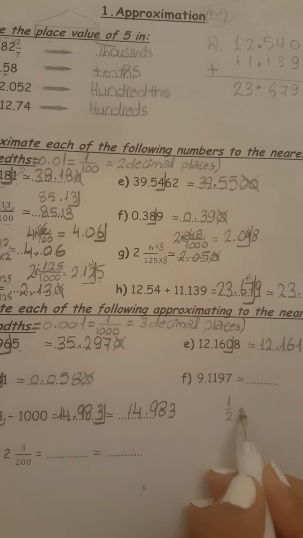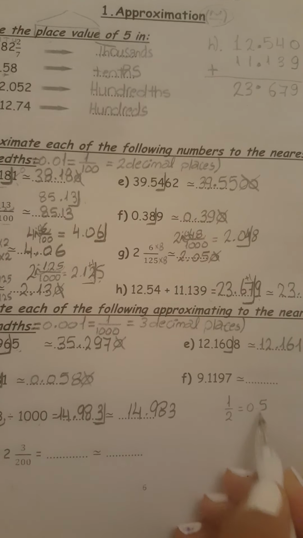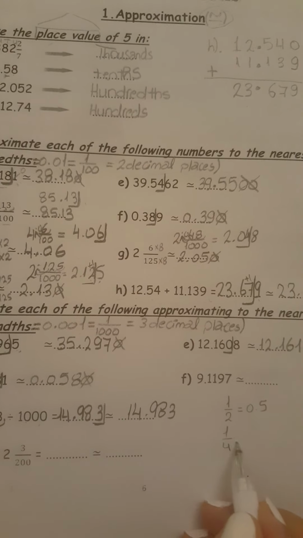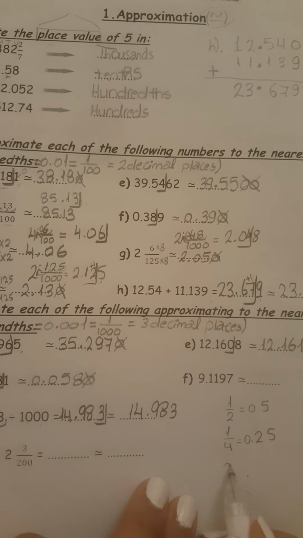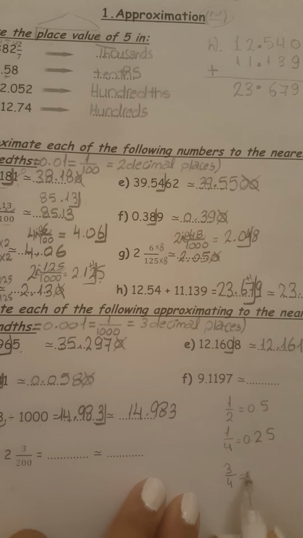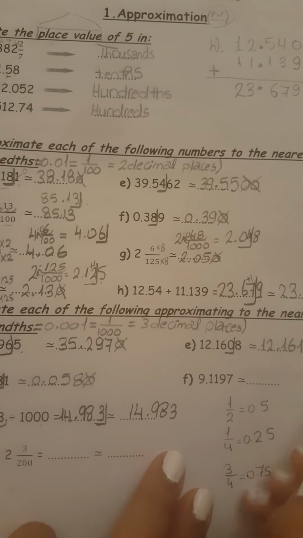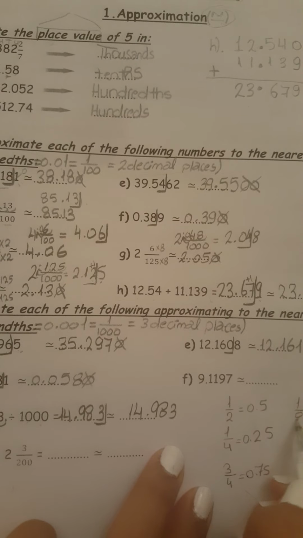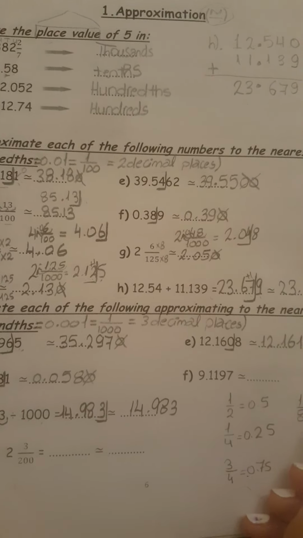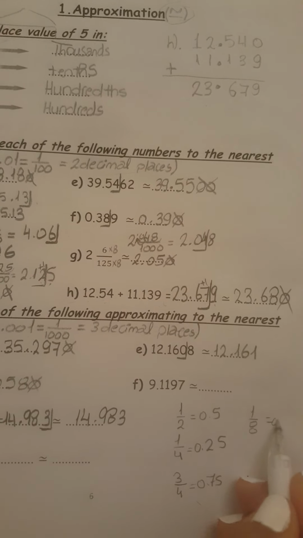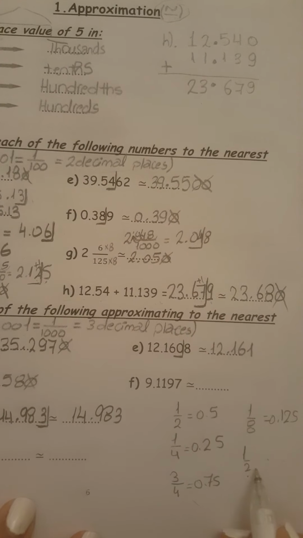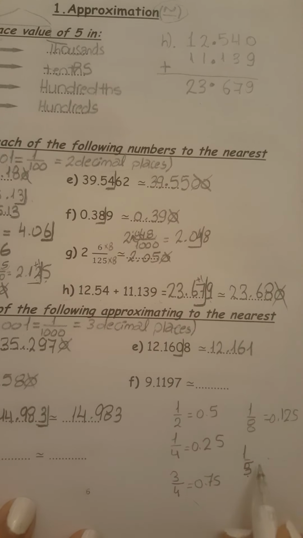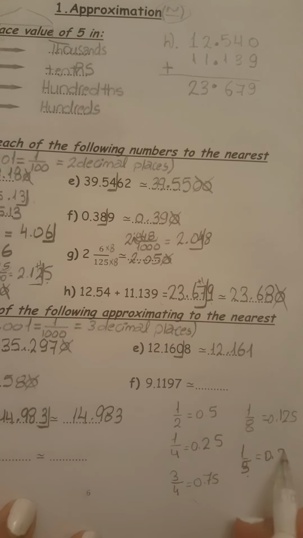Half means 0.5, and the quarter means 0.25, and 3/4 means 0.75, and 1 over 8 means 0.125, and 1 over 5 means 0.2.